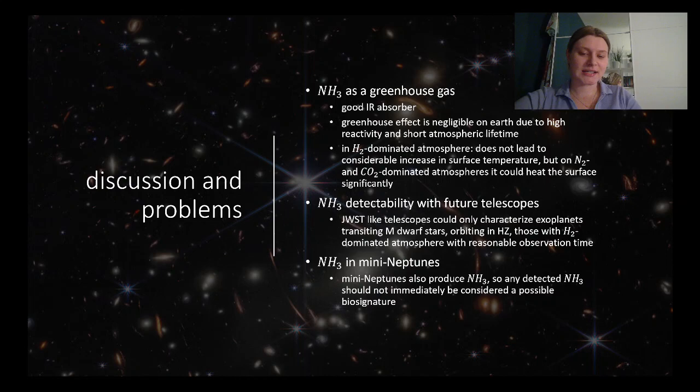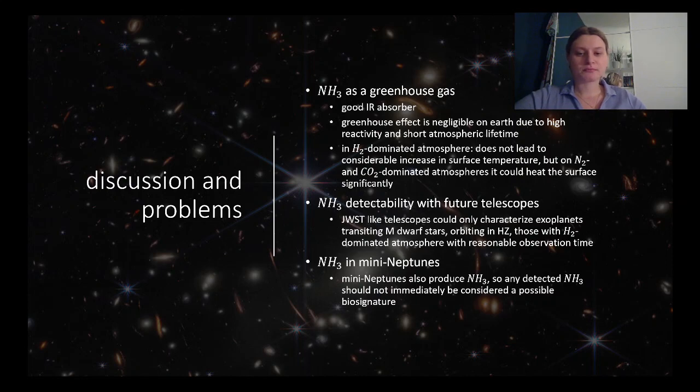Another problem is that we need better telescopes and more telescopes to do more studies on that, and to look at possible exoplanets and see if there is ammonia on some of them.